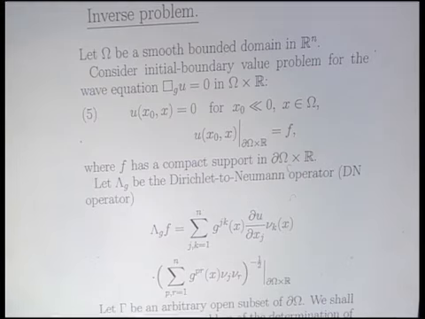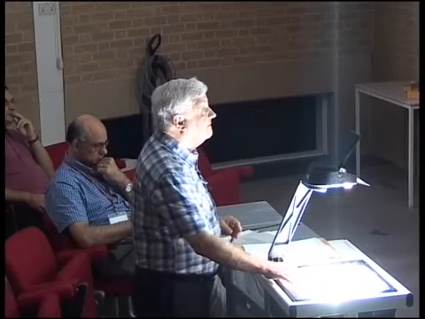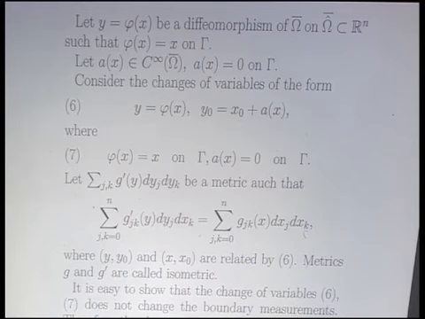Simply, this means knowing the Dirichlet-Neumann operator lambda G F, for all F with support on gamma cross (0,T). Now it is known that this problem is not unique.